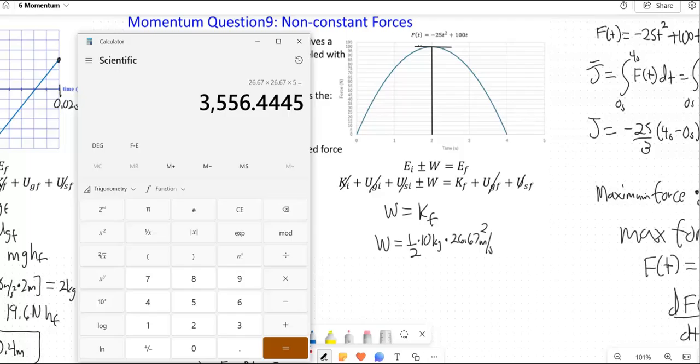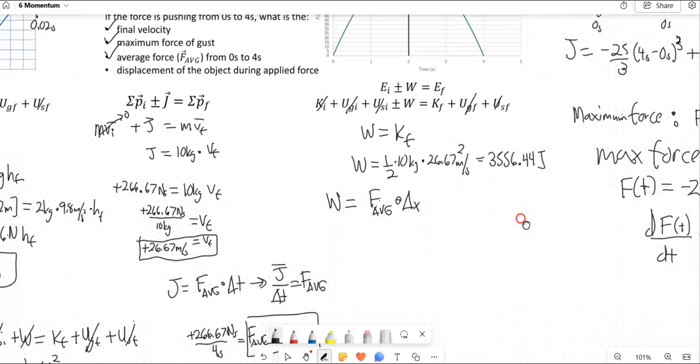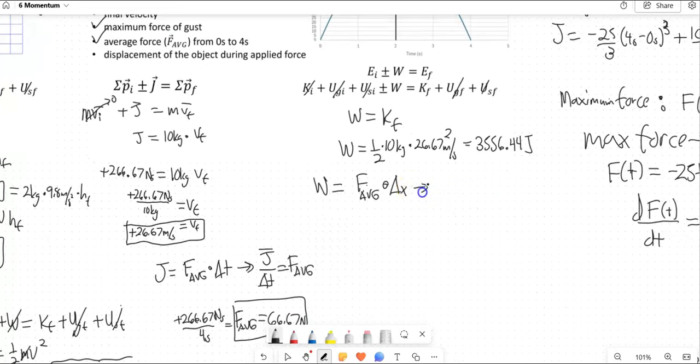That gives 3556.44, and that is the work done. Work is equal to the average force times delta x. So work over the average force is equal to delta x.